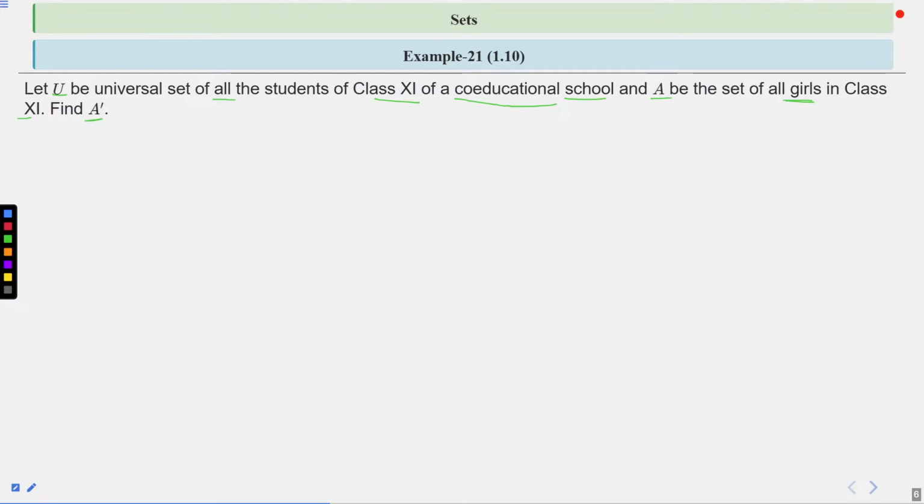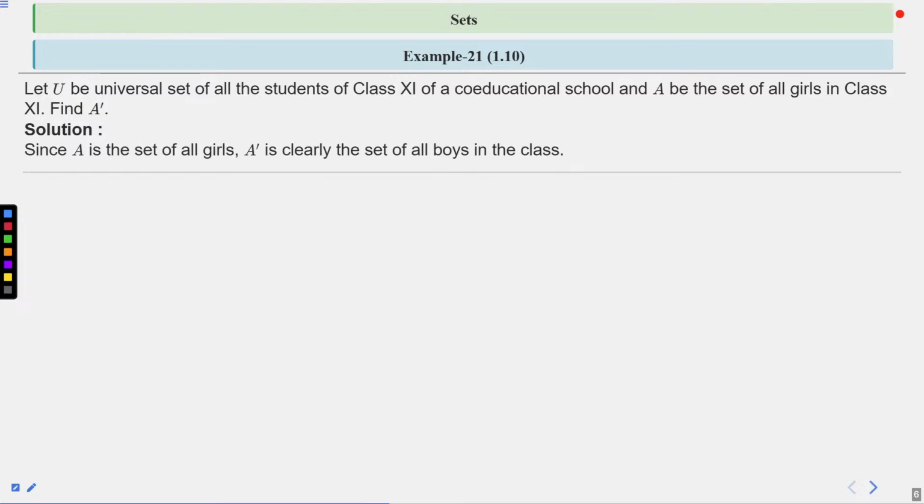So please comment your answers. So solution. Since A is the set of all girls, then A complement will be what set? The set of all boys from the class 11th. Clear? Straightforward answer. So if you have any doubt, you can let me know.